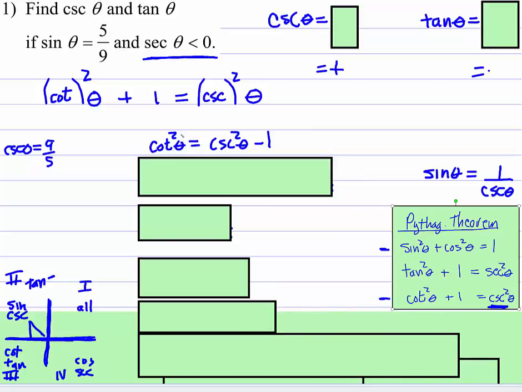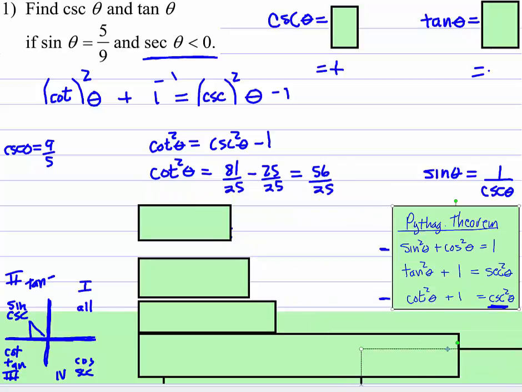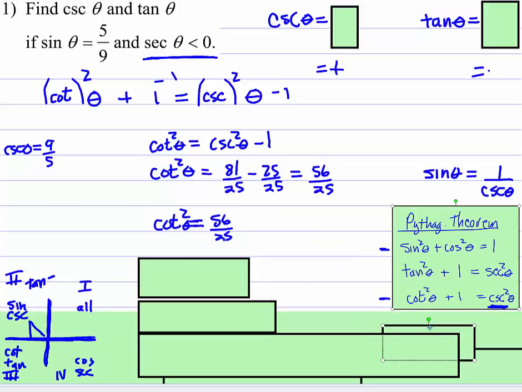Notice what I did first: I subtracted 1 from both sides before I started punching in numbers. Cotangent squared is equal to 9 over 5 squared, which is 81 over 25, minus 1, which we rewrite as 25 over 25 since they share the same denominator. 81 minus 25 is 56. So now we know that cotangent squared is equal to 56 over 25.